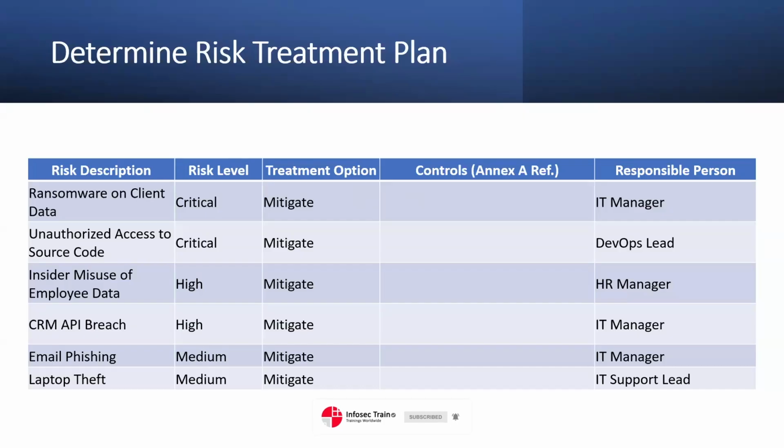Each risk entry should be there, so the ISMS risk register is to be maintained separately. You can keep that document. In that document, what information can you keep? I'm just giving you basic information for the ISMS risk register.